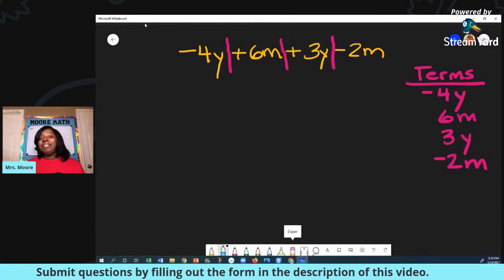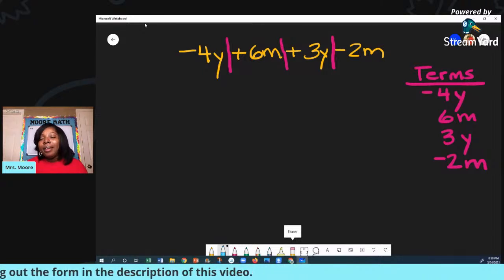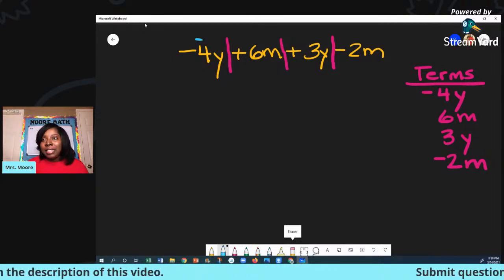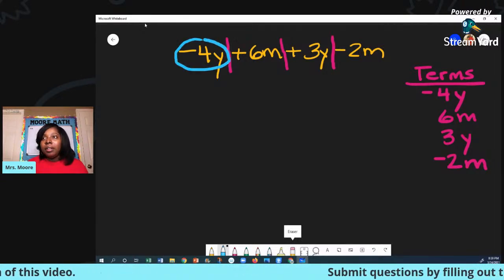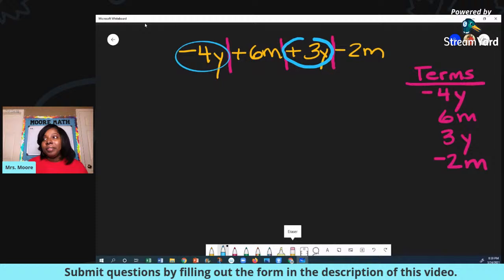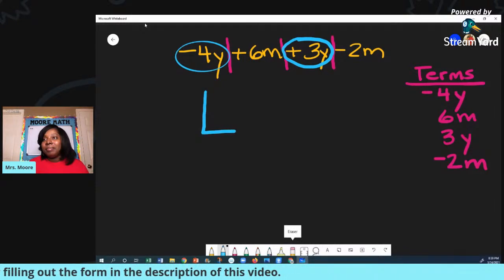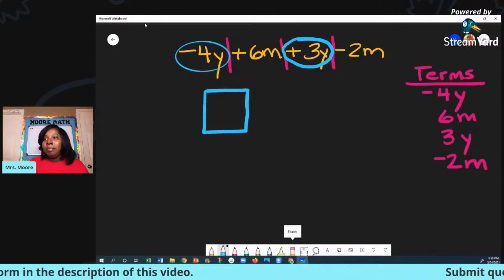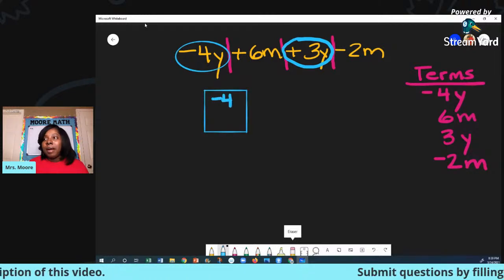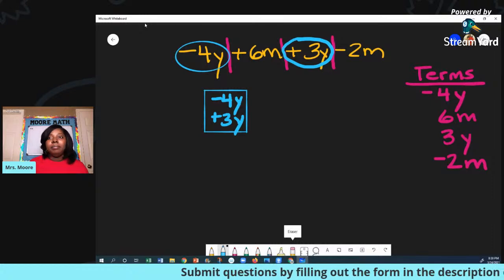Which terms have the same variable or the same letter next to it? Well, I see a y over here. And are there any other y's? Yes, there is, right here. Bam. Now combine them. Put them in their own little neat box. -4y plus 3y.